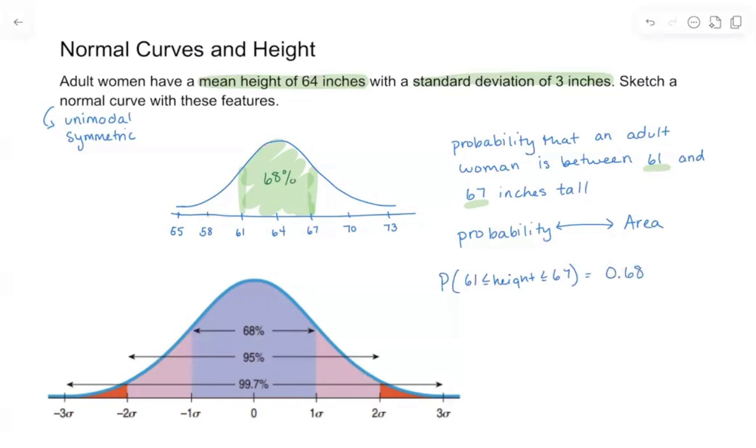And we're just using that 68, 95, 99.7 rule for now. Now you're going to figure out what's the probability that an adult woman's height is between 58 inches and 70 inches.